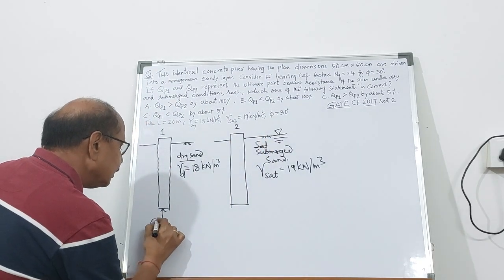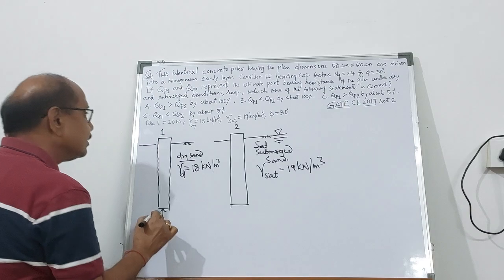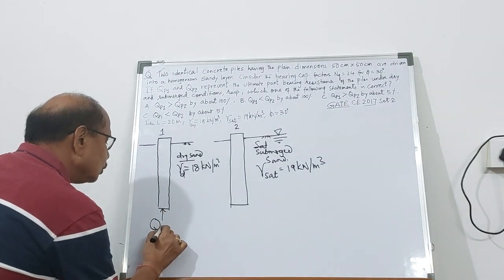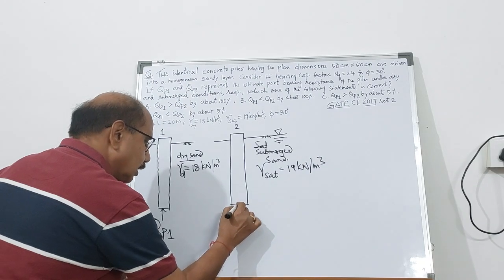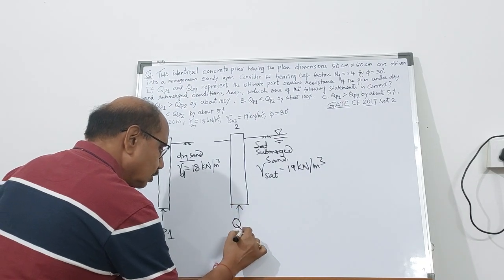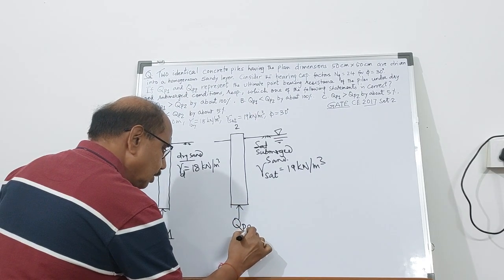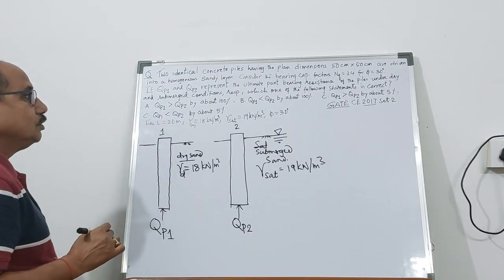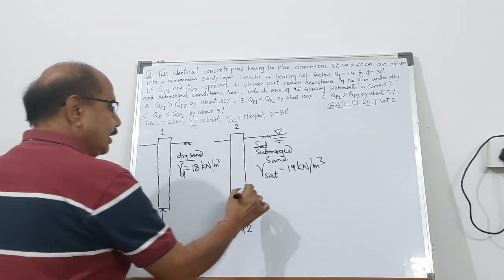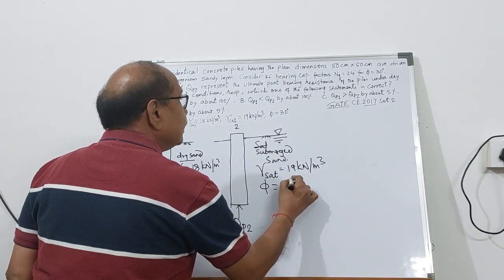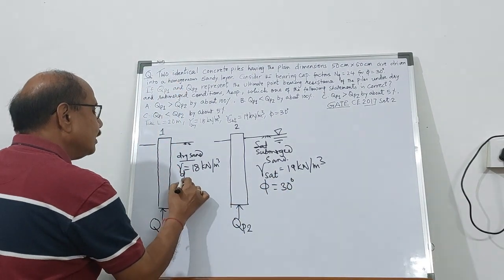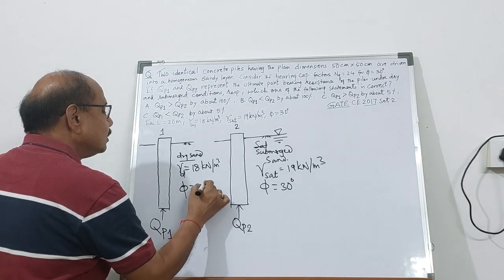So here the point bearing resistance QP of 1 and point bearing resistance QP of 2. And phi here is 30 degree, phi here also it is 30 degree.